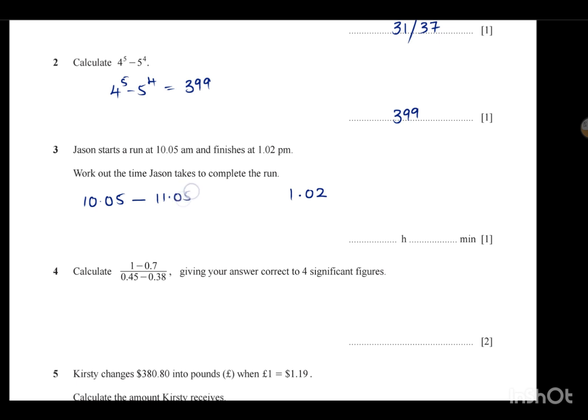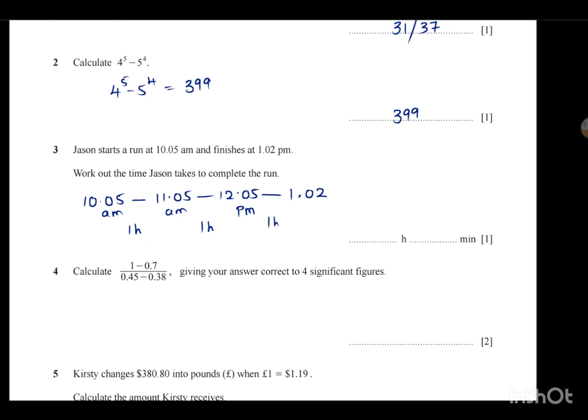So from 10:05 to 11:05 is 1 hour, 12:05 is 2 hours. Now this is AM, this is also AM. This becomes PM because 12 o'clock has passed. Then after 12, 1 is the next hour, but it has not gone up to 1:05, it has 3 minutes less.